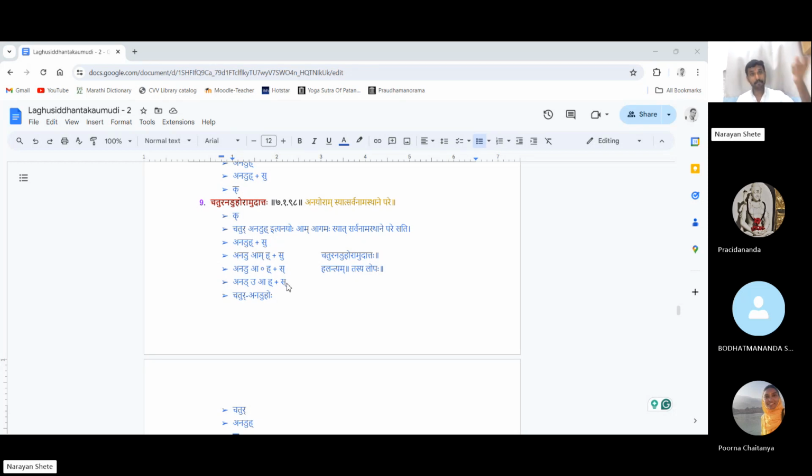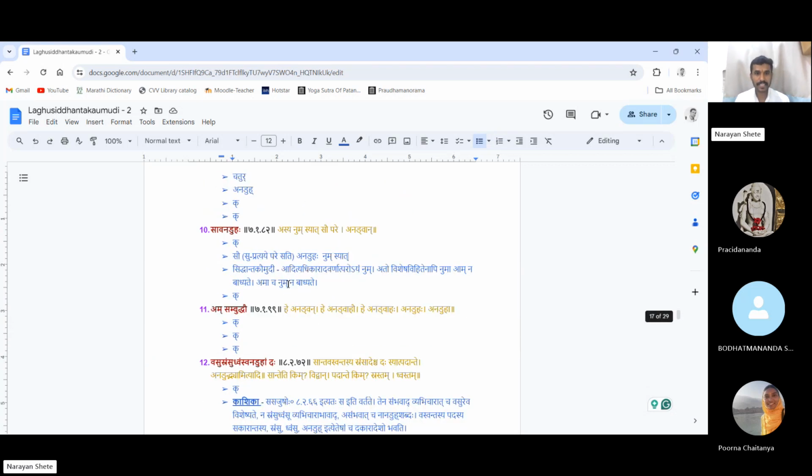Am agama is prapta, correct? Am agama is prapta. That was supposed to happen, and yet a new vidhi was arabdha. Okay, so something is prapta and yet a new vidhi is done, so the new vidhi becomes apavada to the earlier one. Now num should do the badha of am here in sau anaduh.